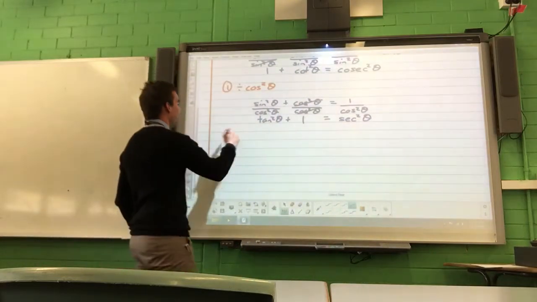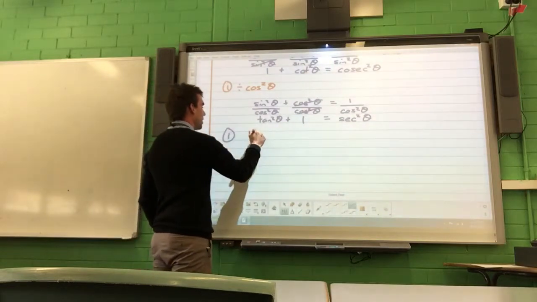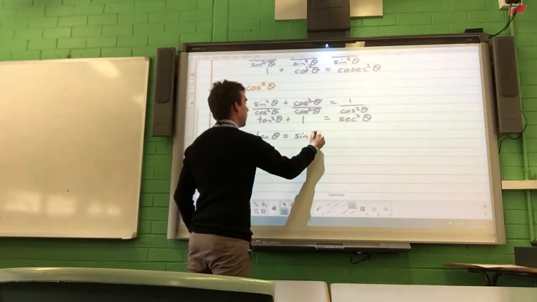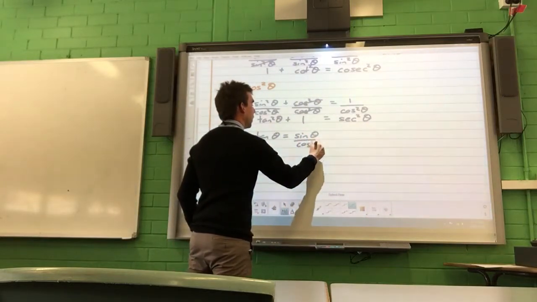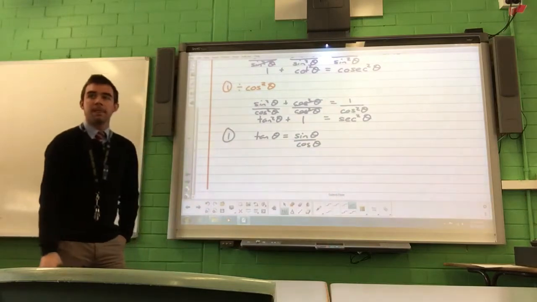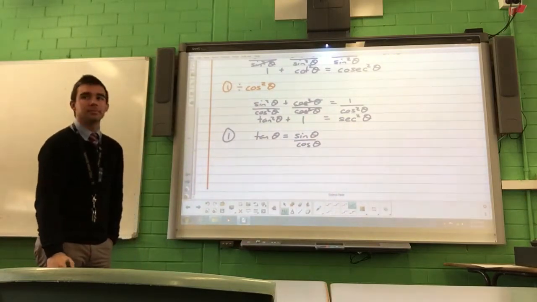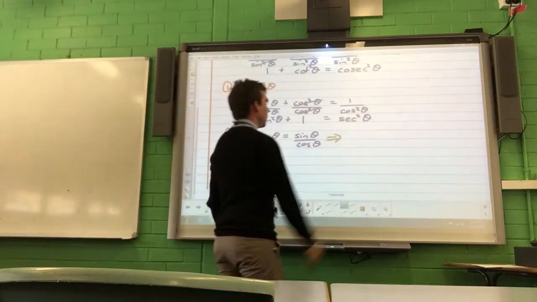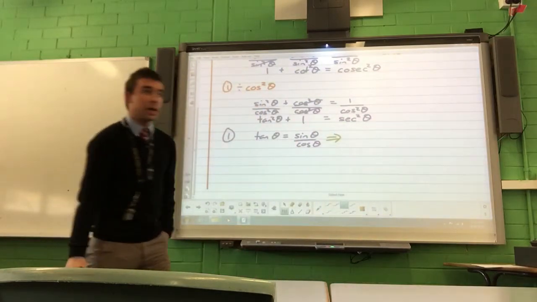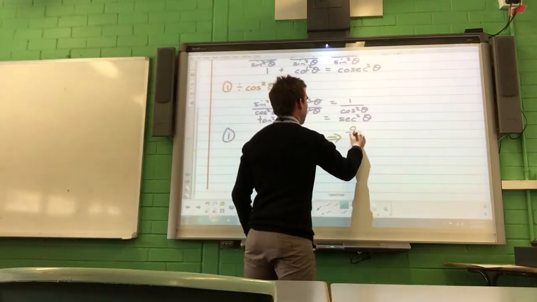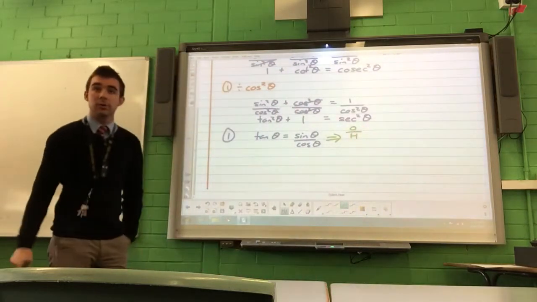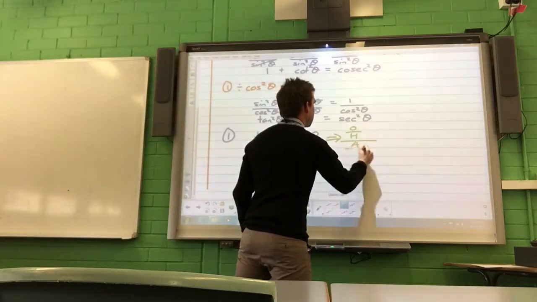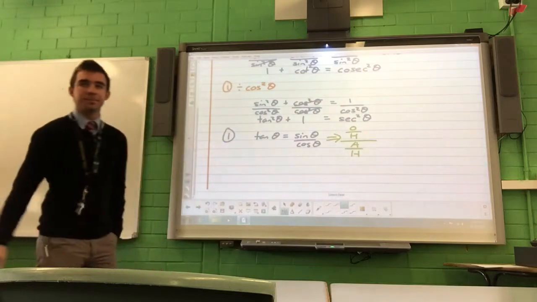And the summaries are in your notes. So, 5 identities. So we have tan of theta, which is sine of theta over cos of theta. Okay, and remember this also works if I do the following. So sine of theta, which is the opposite over the hypotenuse of your right angled triangle trig, and cos theta is the adjacent over hypotenuse.